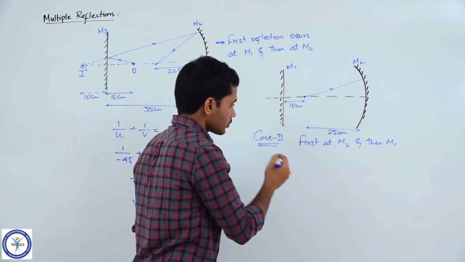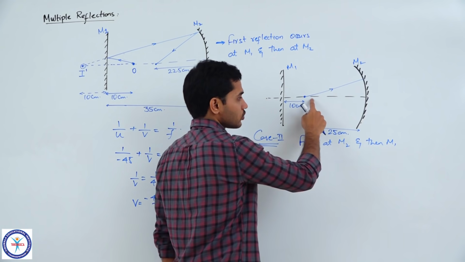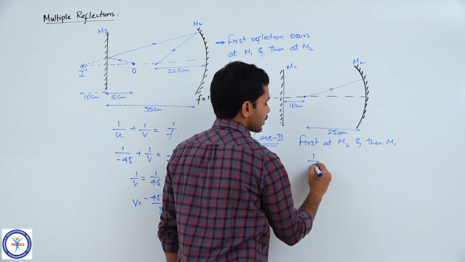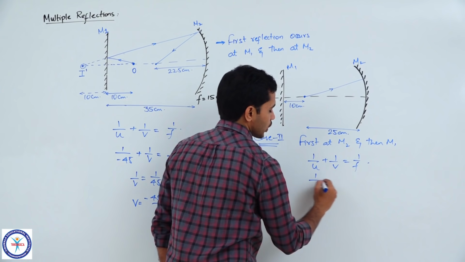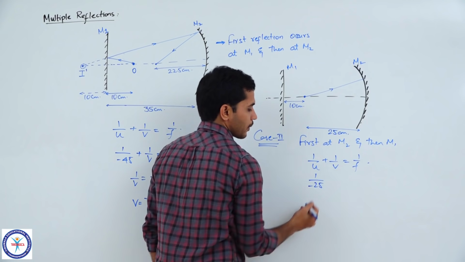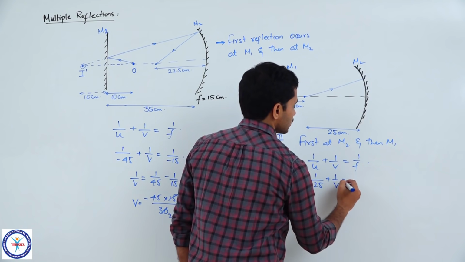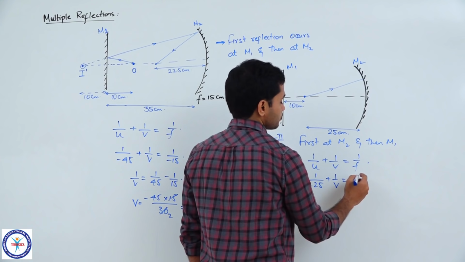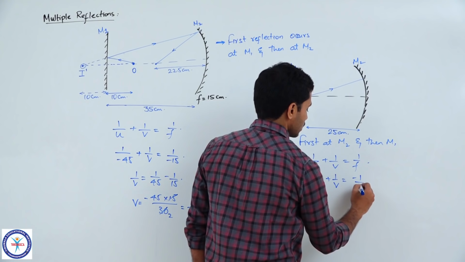So, I will write the mirror formula to find the location of image. I will get 1 by u plus 1 by v is equal to 1 by f. So, 1 by the value of u is minus 25, plus 1 by v is equal to 1 by f, minus 1 by 15.